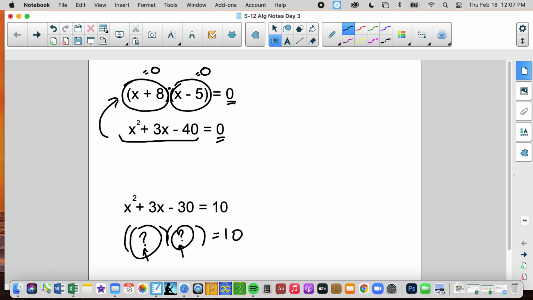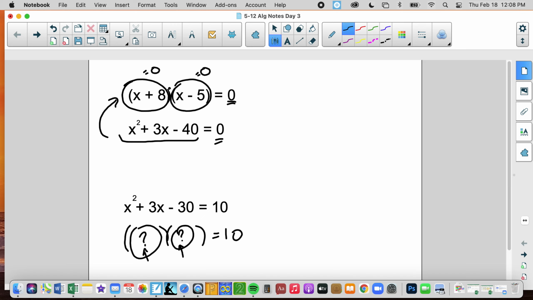In this top one, because it equals 0, there's only a limited number of numbers that can go in there. So that's why it is important that when we set up these equations that they are equal to 0.